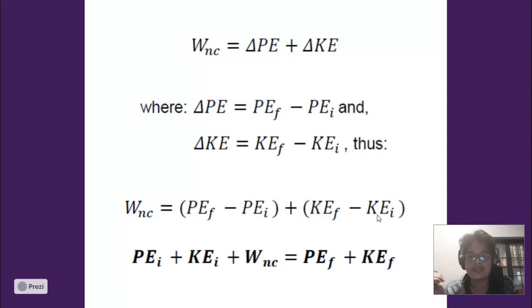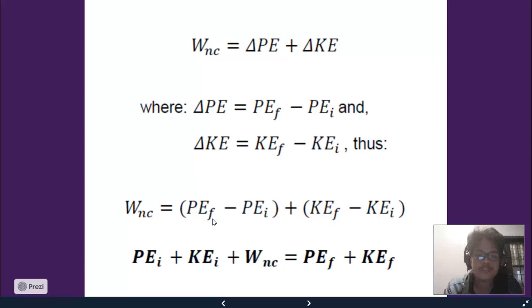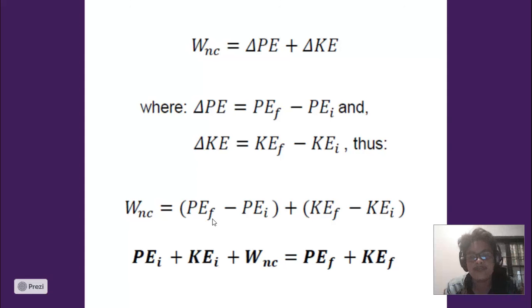And thus, substituting this, W sub NC is equal to the potential energy final minus potential energy initial plus the KE final minus KE initial. Okay? Rearranging the equation, we can finally see that PE sub I plus KE sub I plus W sub NC is equal to the PE sub F plus KE sub F.